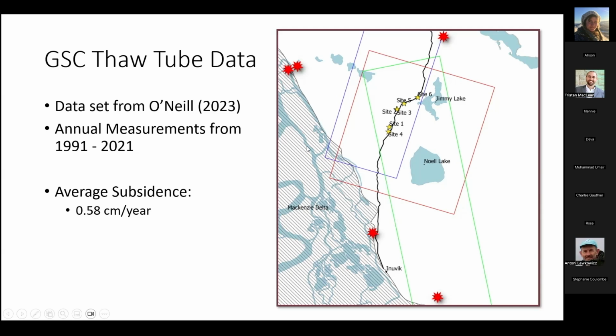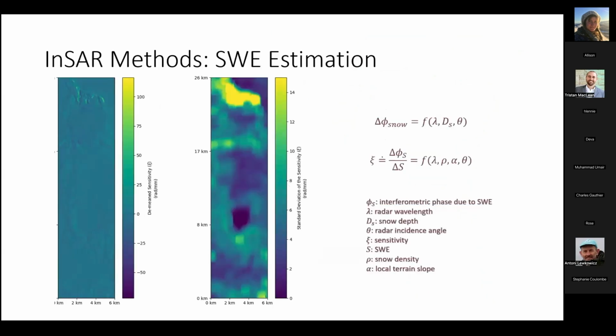They're all sort of just out of reach of my radar footprints, with the exception of this one down in the bottom near Inuvik. But from these thaw tubes, I get an average subsidence of about 6.6 centimeters per year, which is about the same as what I'm seeing for my broader spatial subsidence in my InSAR stacks.